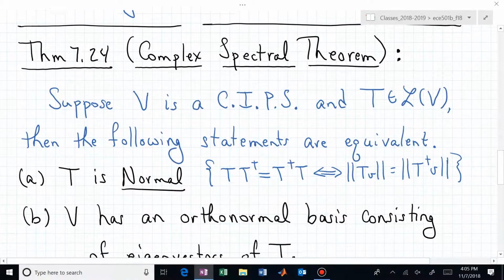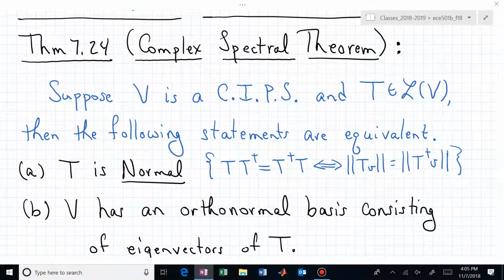Here's the complex spectral theorem that I'm sure you all ran home and couldn't wait for the video, or actually the notes, to be presented, but I did follow up with the final steps of the proof. But now suppose that we're on a complex inner product space, V, and T is a linear operator on that complex inner product space.